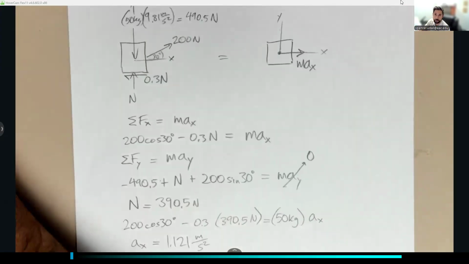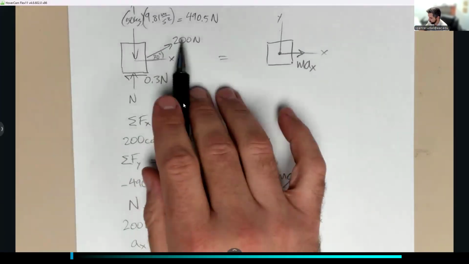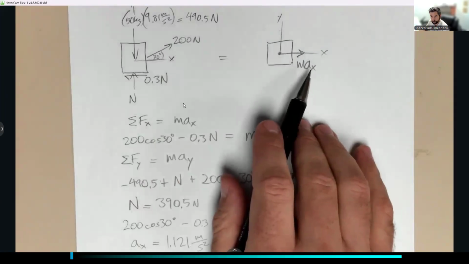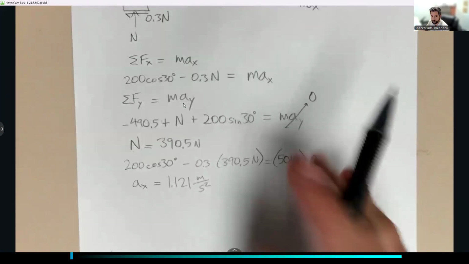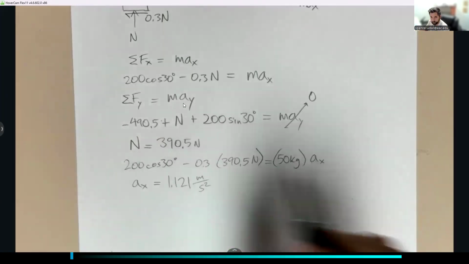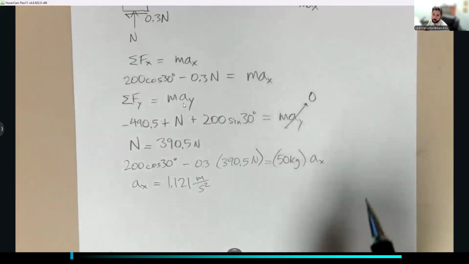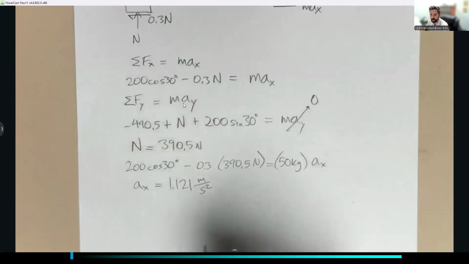They asked us for what? Let's look back at it. Find the distance it travels and its velocity. So because this is a constantly applied 200 newtons, that's pretty nice because it means that we also have a constant acceleration in that direction. So we could use our constant acceleration equations rather than integrate to find velocity and position.